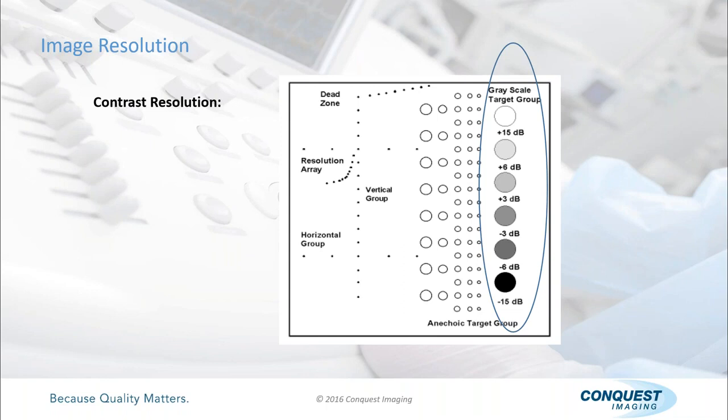And what do we base 0 on? Well, 0 is the average density of human tissue. So in ultrasound, we had to come up with what is the average density of human tissue, and that's 1,540 meters per second as far as how fast sound travels. As density changes, the speed of sound changes. The more dense the object, the faster it travels. The less dense, the slower it travels.